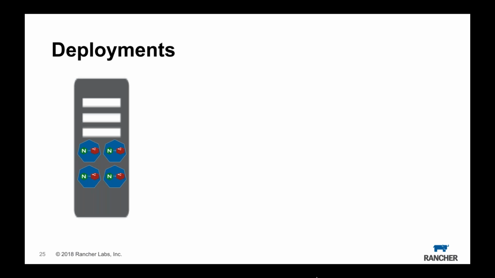So in this example, again, we are going to consider these 4 pods running on one of our nodes. And suppose this application pod is running its version 1, V1. Let's say we want to do a rolling upgrade with a batch size of 2 whenever a version 2 is available.